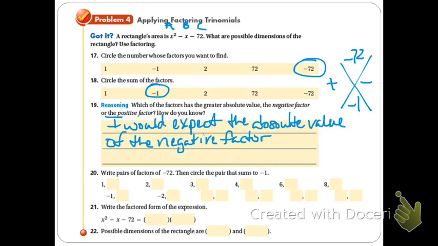So which factors have the greater absolute value. It was about the negative factor, because there's probably a better way to write this, but hopefully you kind of understand what I'm trying to get at, because bigger sign wins.